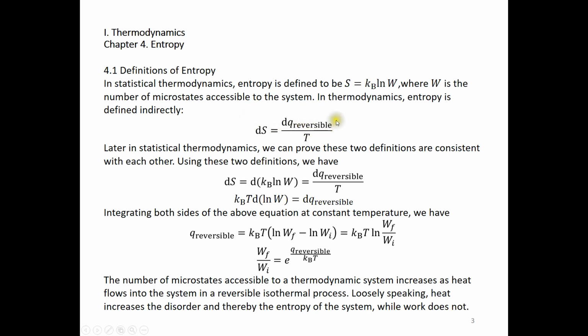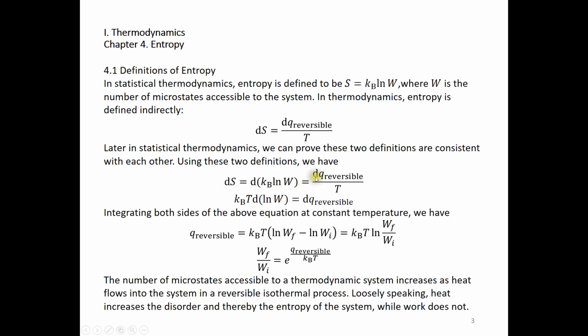So over here we have to have a reversible process, and then we can measure the amount of heat that flows into the system at a constant temperature T. That way we get the expression of entropy. Later in statistical thermodynamics, we can prove these two definitions are consistent with each other, and therefore the exact differential of entropy is equal to d, the exact differential of kB times the natural logarithm of the number of microstates.